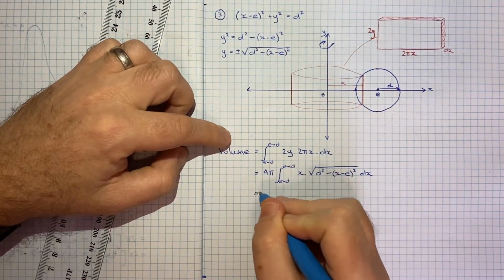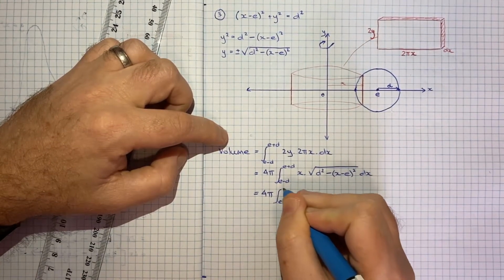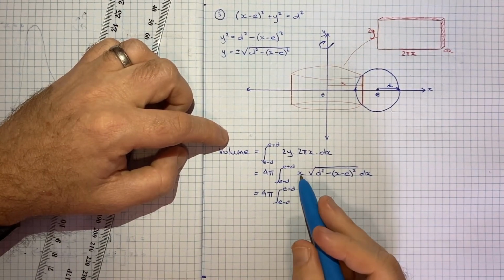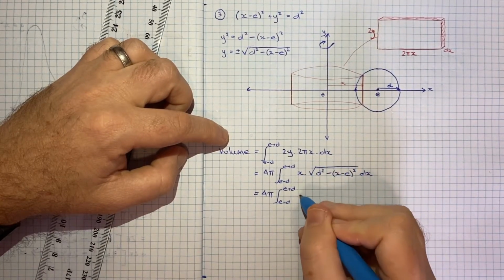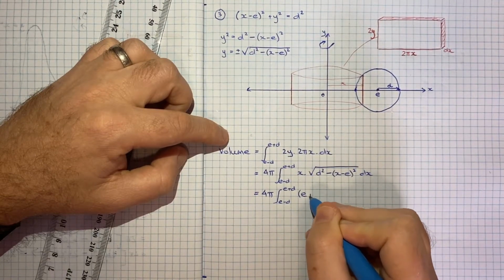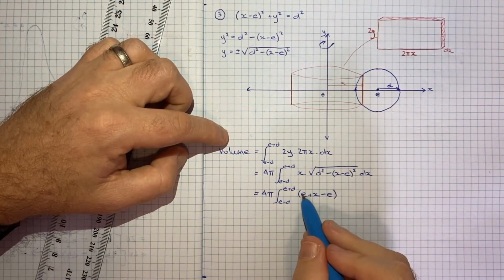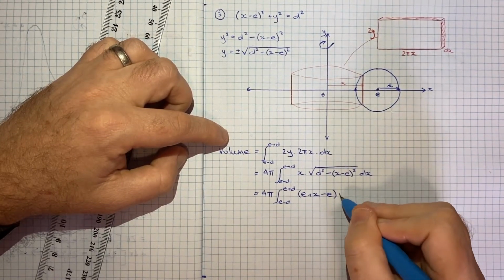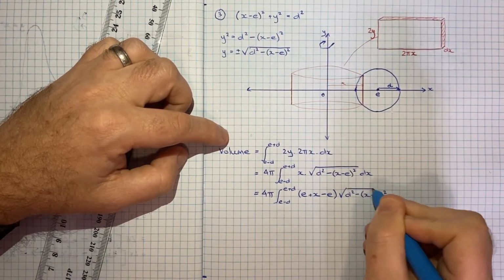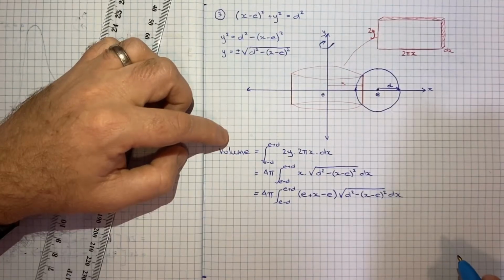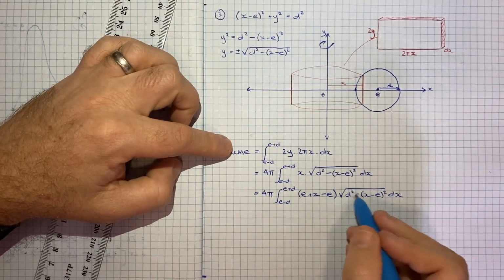So if I write 4 pi times the integral of e minus d to e plus d, I want an x minus e out here. So I'm just going to do e plus (x minus e). So I haven't changed anything because I've added e and then subtracted e, times the square root of d squared minus (x minus e) squared dx. And now I'll break this into two integrals.